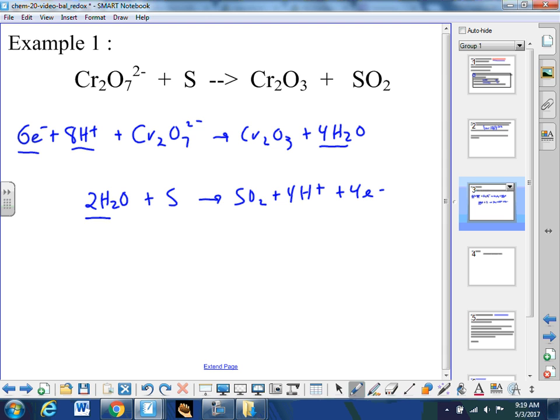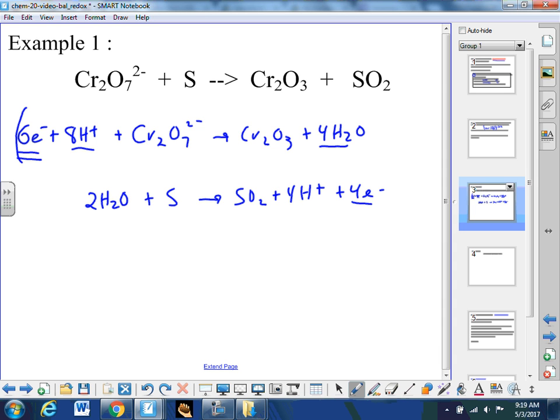Okay, next step is to equalize the number of electrons lost and gained. The reduction half reaction is gaining 6 electrons. The oxidation half reaction is losing 4. The lowest common multiple between 6 and 4 is 12.